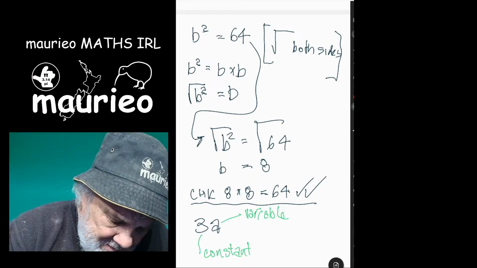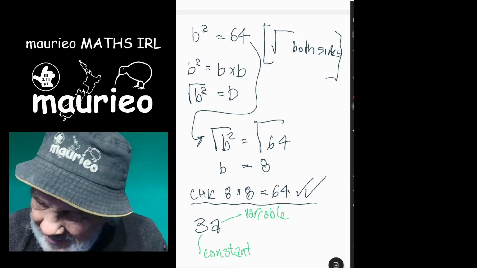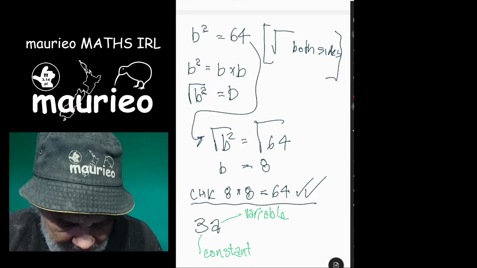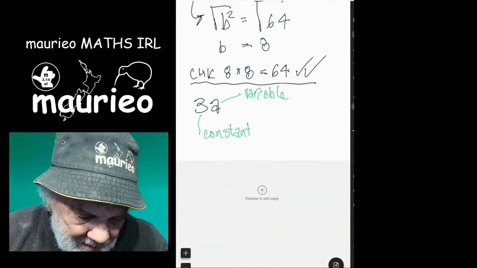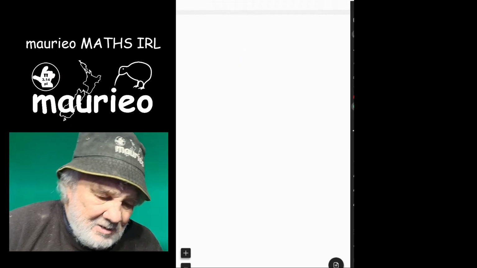Okay, so the variable and the constant. Now, let's have a look at some addition.